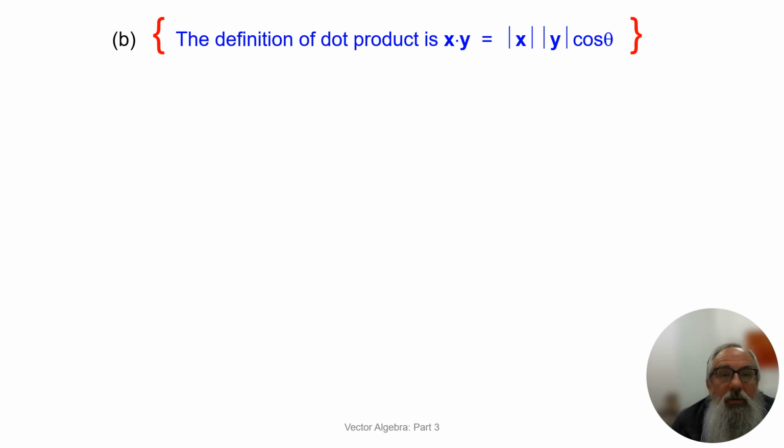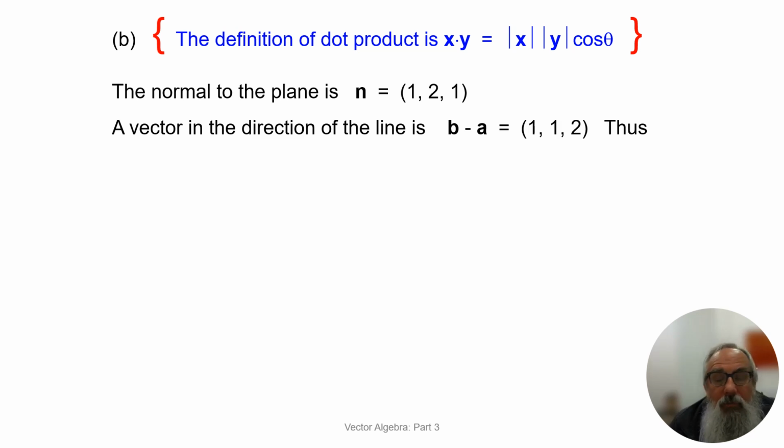So the dot product of x and y equals modulus of x, modulus of y cos theta. We have a normal to the plane, and we have a vector in the direction of the line. We were given that. That's what's in the brackets after the t.